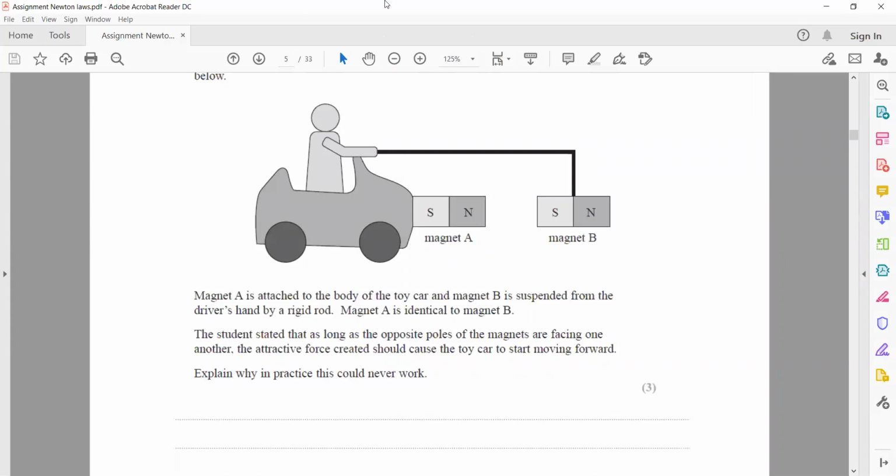As the two magnets are attracting each other, magnet A is attracting magnet B, and magnet B is also attracting magnet A. But you can see magnet B is in the hand, a person is holding it. So if this is a force of 10 Newton, this is also a force of 10 Newton. So what does it create?